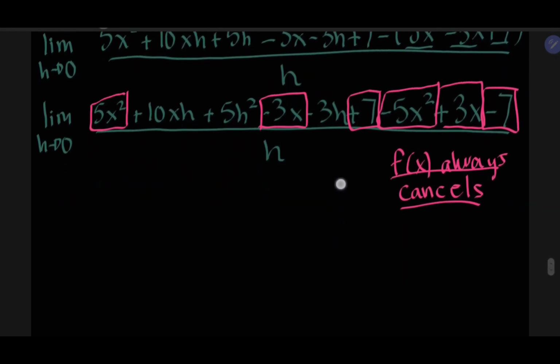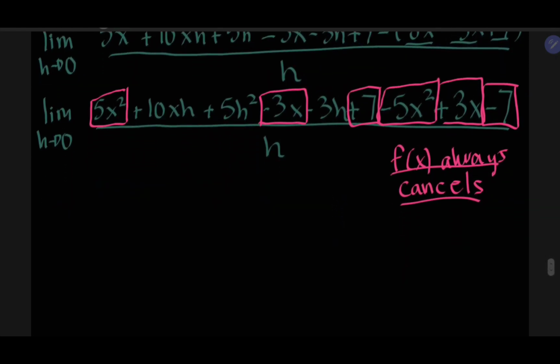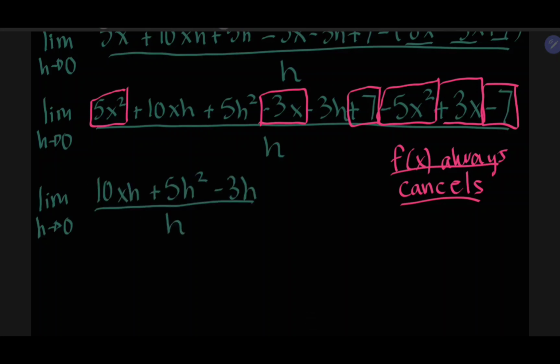If those cancel, we're just left with 3 terms on top and the h on the bottom. That means the limit as h approaches 0 of 10xh plus 5h squared minus 3h all over h. Notice every single term has an h involved.